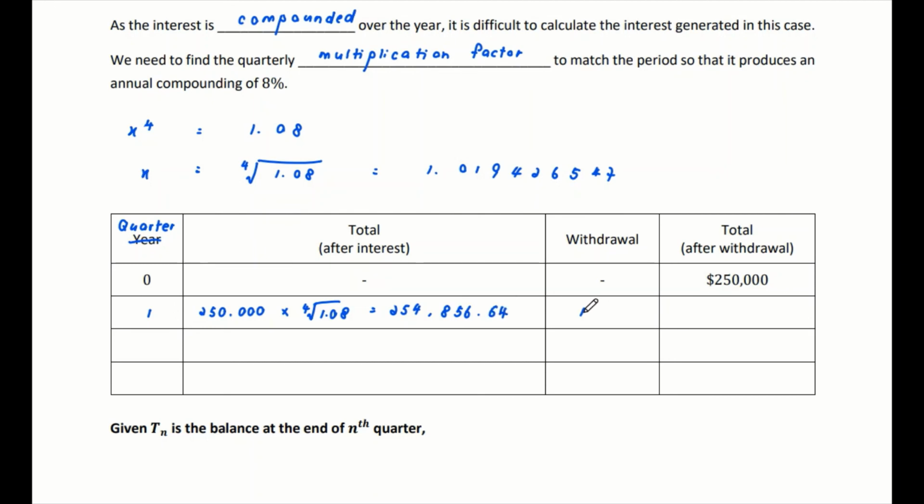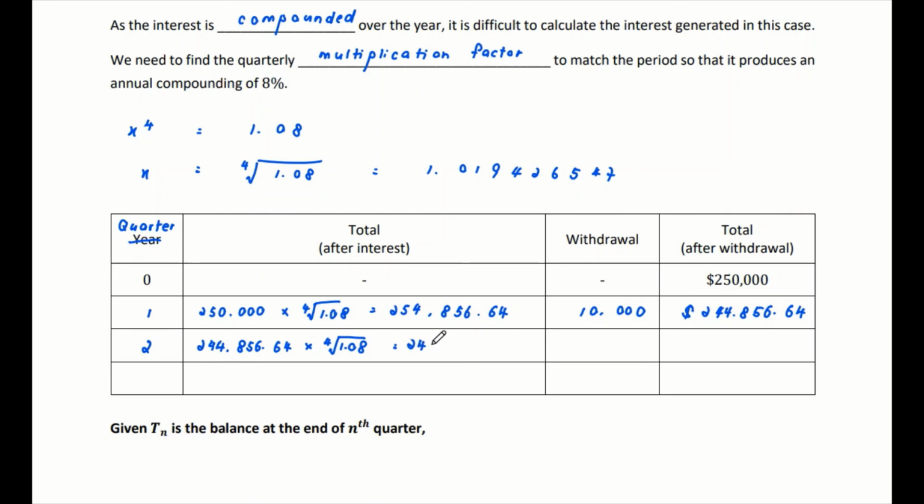Okay, so withdrawal, you take 10,000. Then after that, you'll be able to get 244,856.64. Same thing for the second quarter, you are going to have this amount of money, multiplying the interest generated as well, which is the 4th root of 1.08.